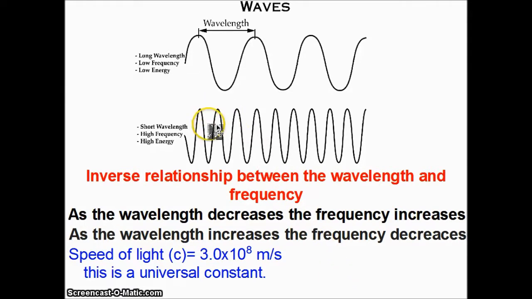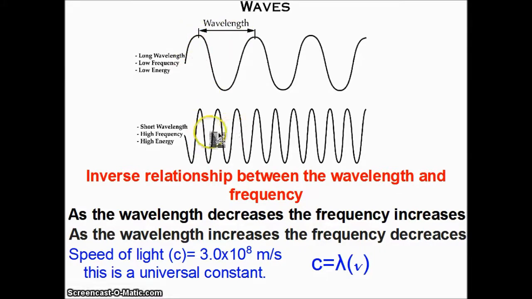Even though this has a higher frequency, both of these waves are moving at the exact same speed. And that can be written mathematically like this, where c is equal to lambda, wavelength, times the cursive v for frequency.